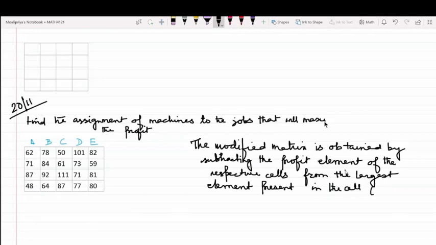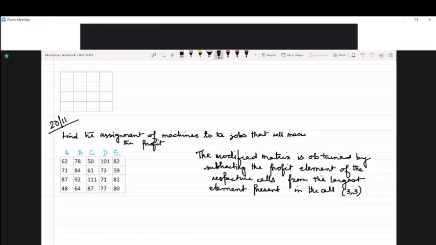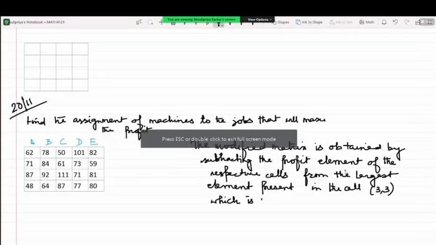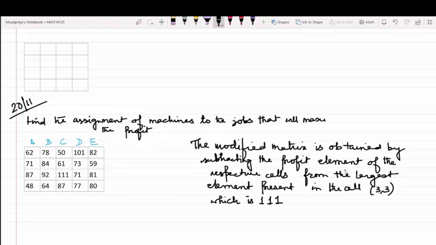It's 3, which is 111. Okay, so this implies once we have the revised matrix with us, now we can proceed the way we have learned for the assignment problems.